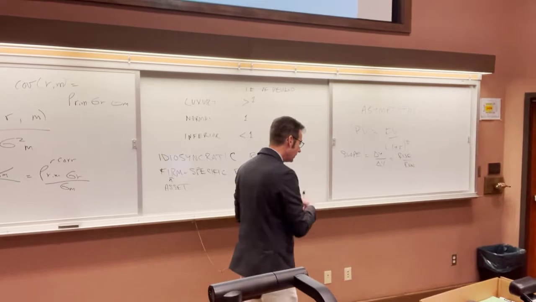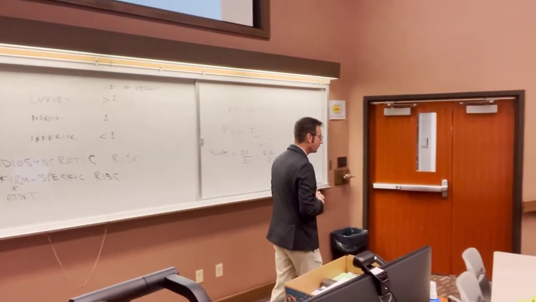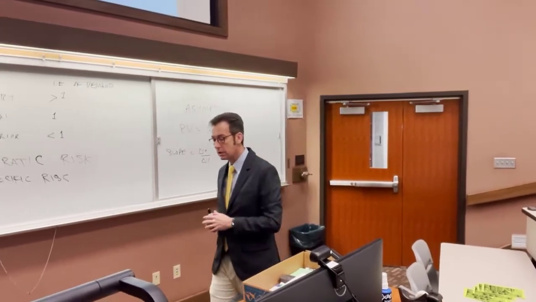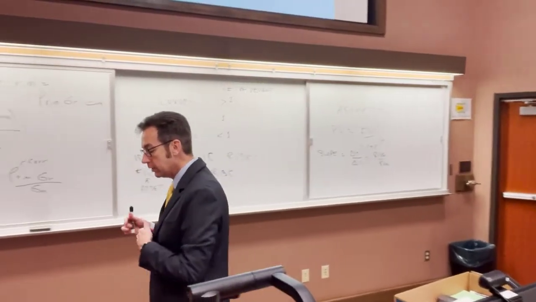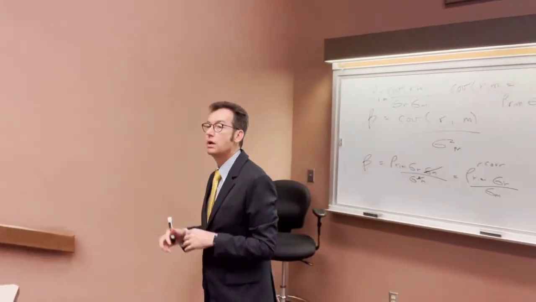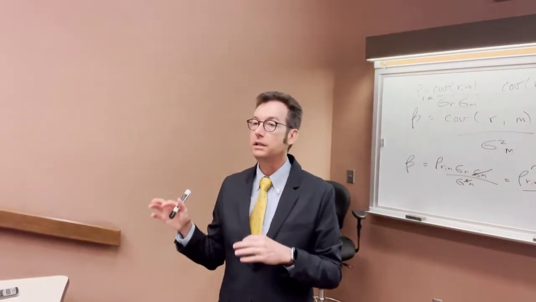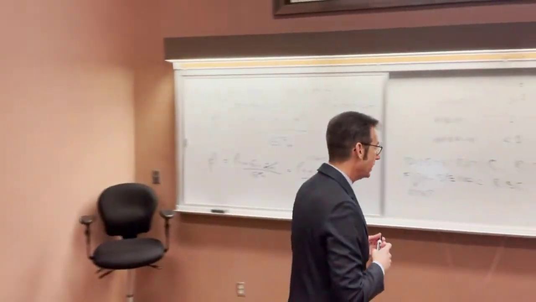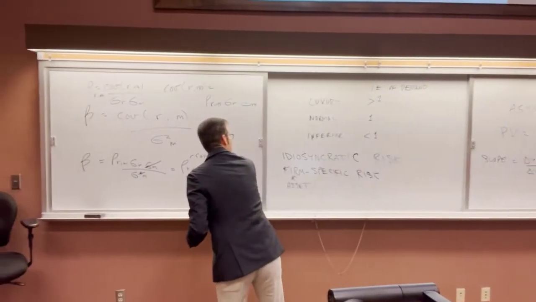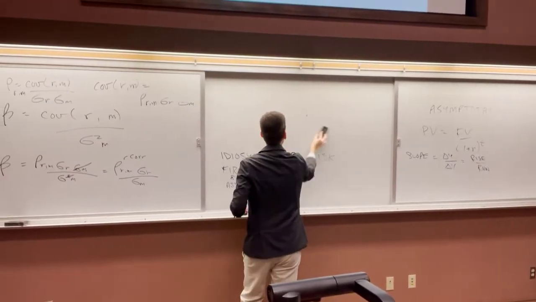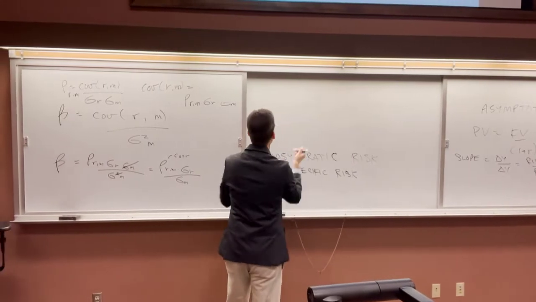Okay, now let's talk about calculating beta for a portfolio. It turns out it's just like calculating expected returns. All you have to do is the weighted average of the betas, which gives you the beta of the entire portfolio. It's going to look something like this.